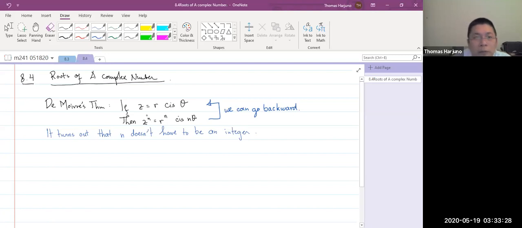So you see, if I call this W, so C to the n, if I call that W, which is R to the n cis n theta, then the nth root of that, basically I do the nth root here, and I divide by n here.